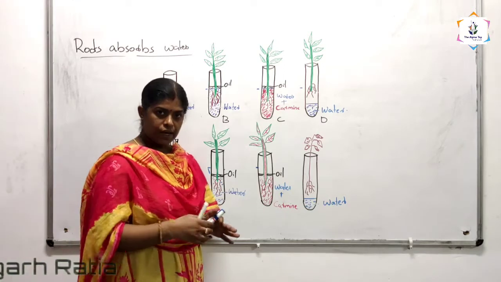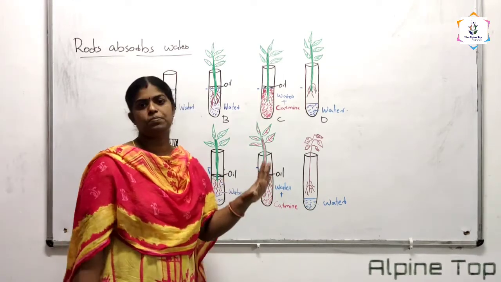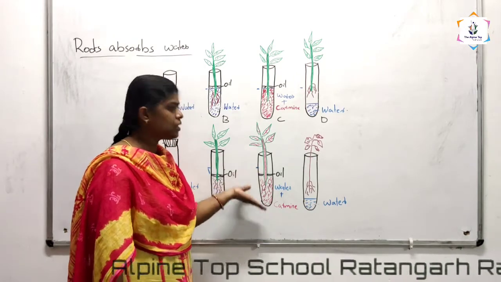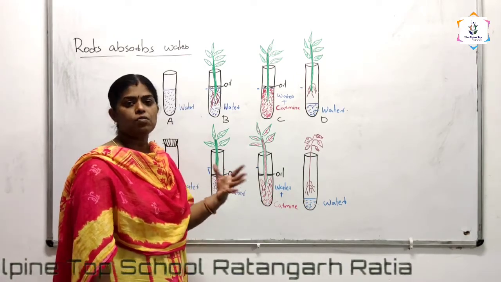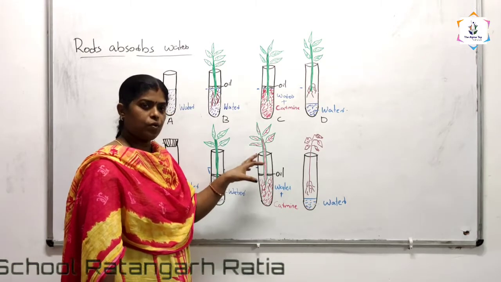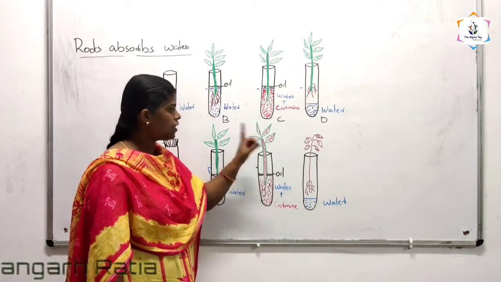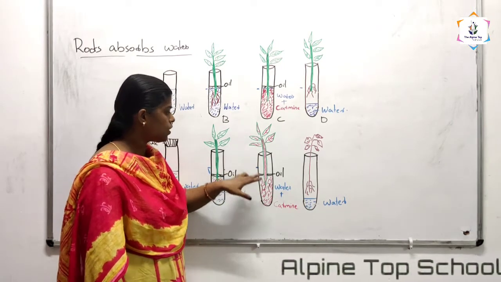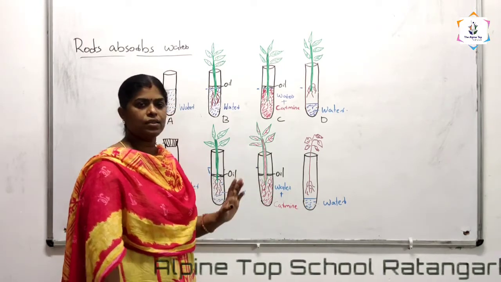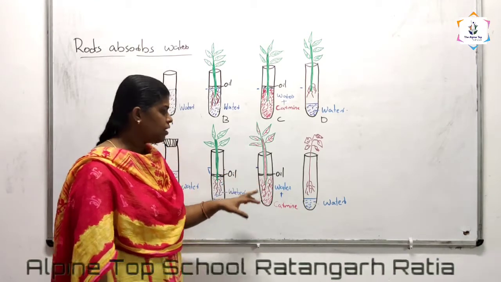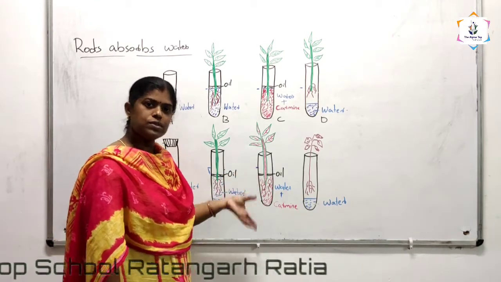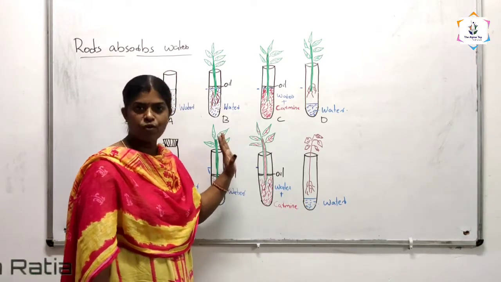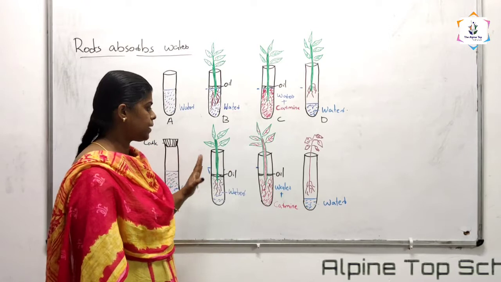As I have told you earlier, this is a balsam plant, so it is transparent. If it is absorbing something colorful, we can observe the color from outside. So inside the stem and the leaves we can see the pink tinge. This means the water entered the stem and the leaves. How did it enter? By means of the roots. Roots absorb this water. Now it is present, and this plant is also fresh because it got water.